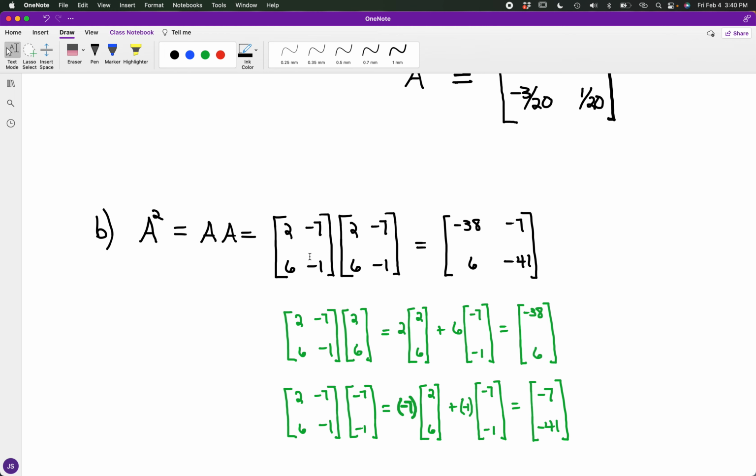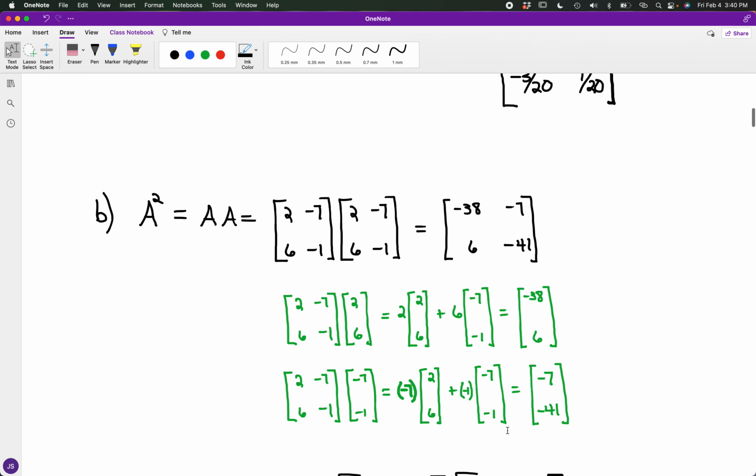Then taking A times its second column elements, we have negative 7 over 2, 6, plus negative 1 over negative 7, negative 1, and we have negative 7, negative 41.